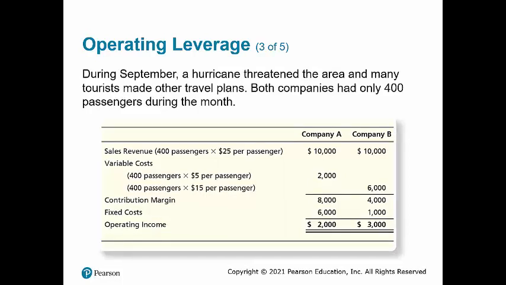Now let's say that during September a hurricane threatened the area and many tourists made other travel plans. Both companies had only 400 passengers during the month. Although both companies experienced the same decrease in sales volume, Company B's operating income did not decrease as much as Company A's because of its cost structure.